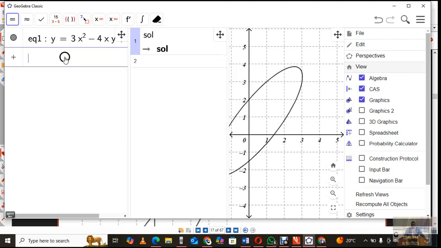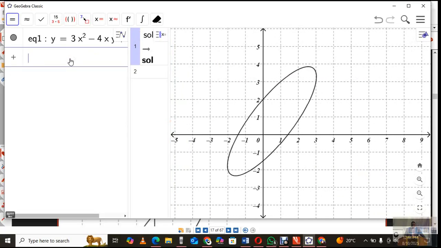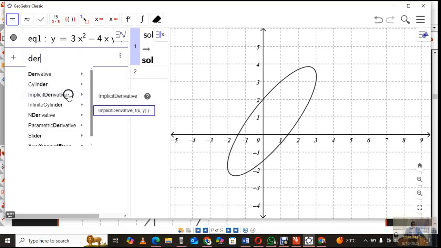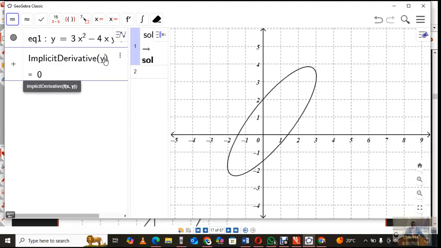Or we can actually do this using the software. I can say, okay, the implicit derivative of the function y. Okay, so that is f of x.